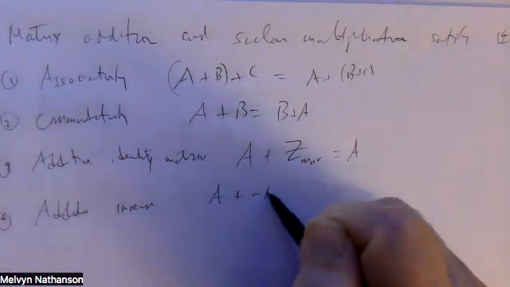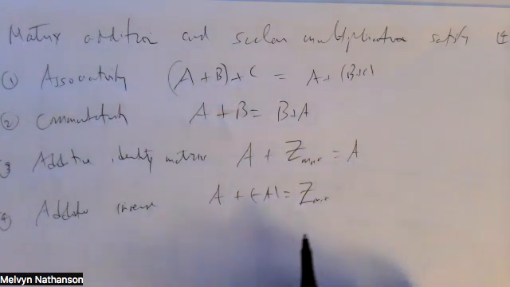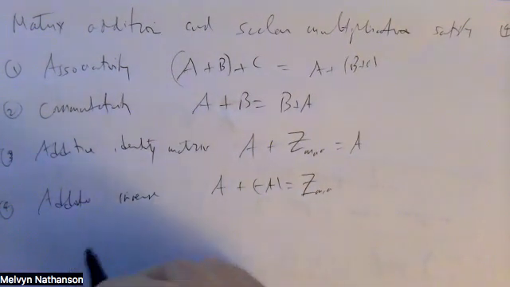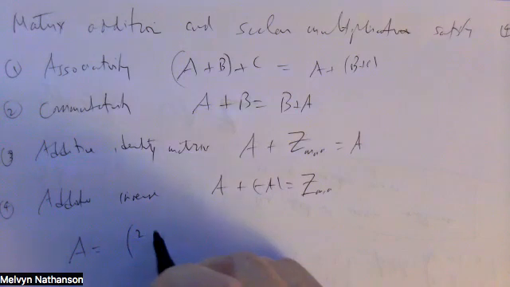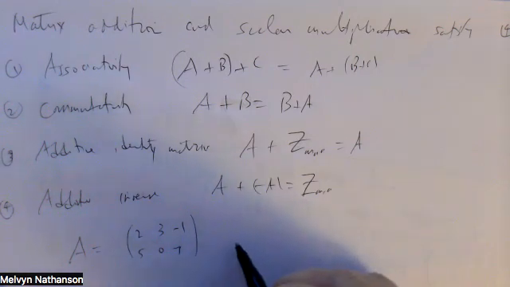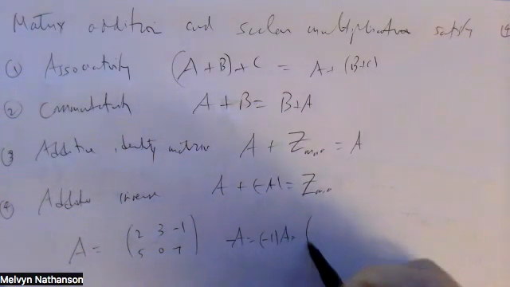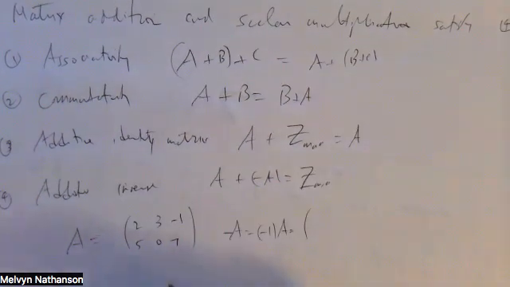A plus minus A is always the 0 matrix. Let me just give an example of that. If A is 2, 3, minus 1, 5, 0, 7, and you let the negative of that, minus A, be minus 1 times A, so you're just multiplying every coordinate by minus 1.